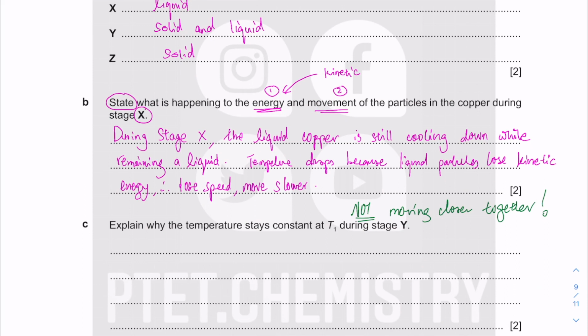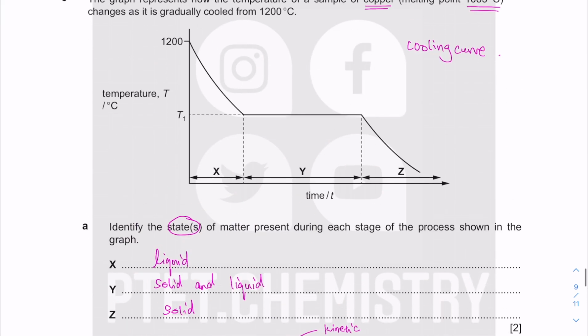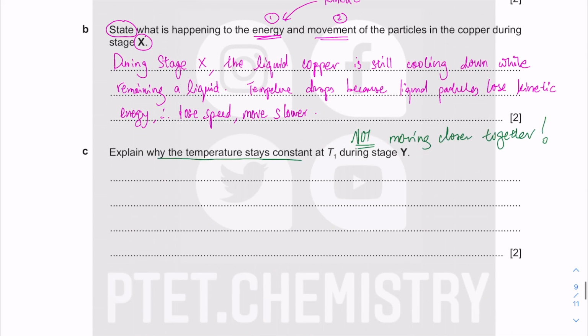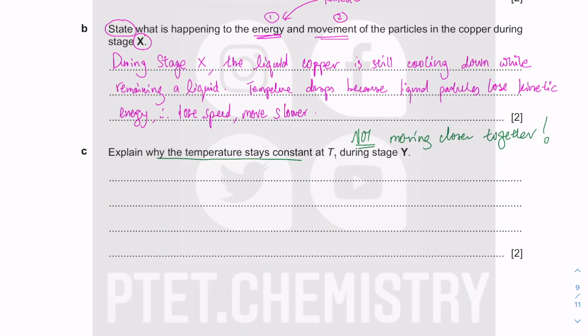Now the next bit is why the temperature stays constant during stage Y. Stage Y is the freezing stage. Why does the temperature stay constant? As I mentioned earlier, there is no change in temperature, so basically temperature remains constant during freezing.